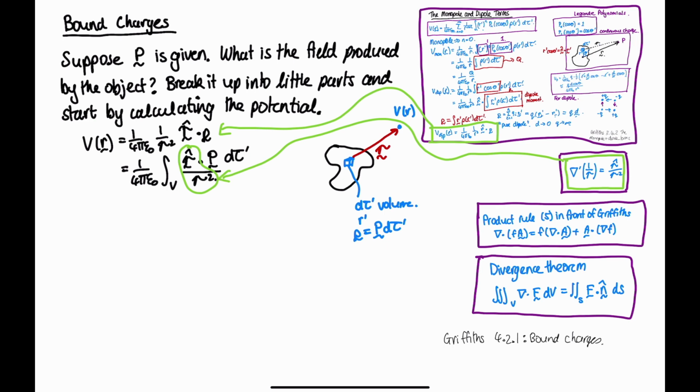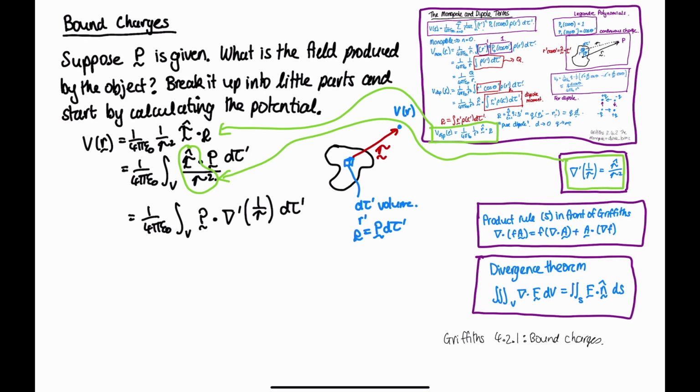When we do that, we can write this out as 1 over 4 pi epsilon naught, integrating over volume. Let's switch the order between these two terms, because it's just a dot product. So we can write p dot grad of 1 over curly r, d tau.